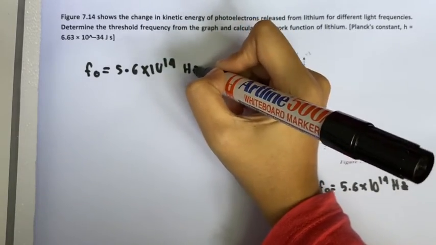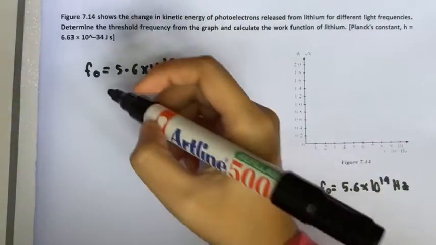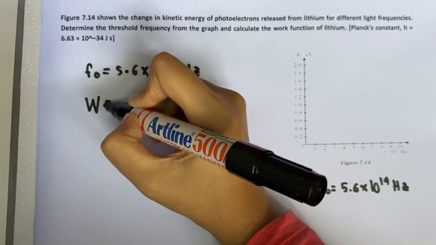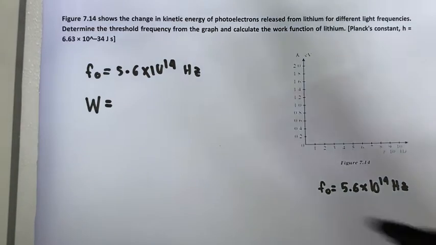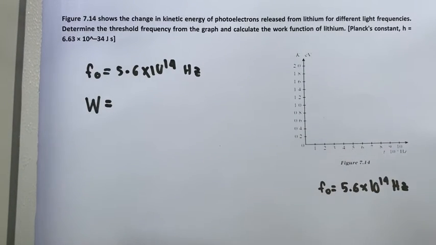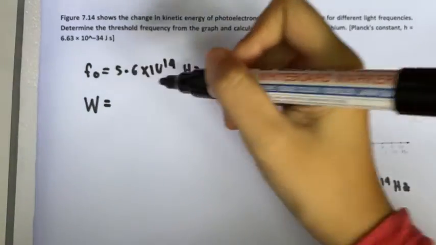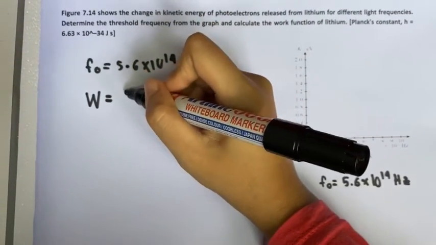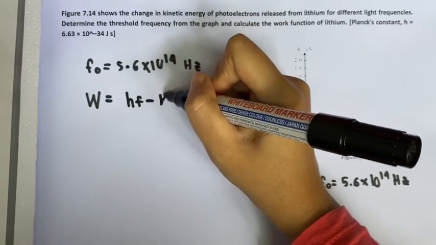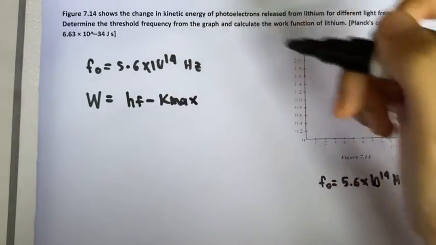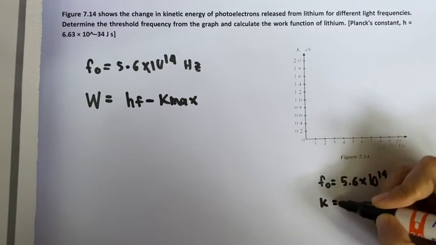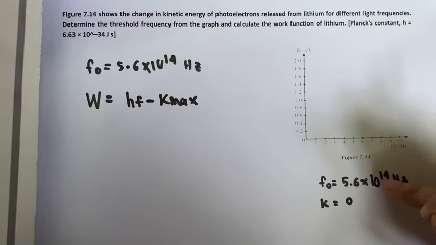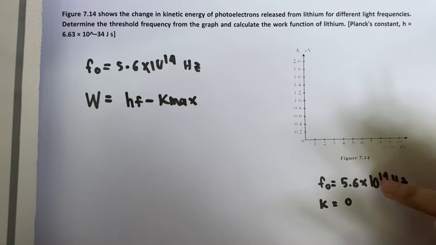And now we want to calculate the work function. What is the formula to find the work function? We state the original equation, which is work function equal to HF minus Kmax. Here we can see that K is equal to 0 when the frequency is at the threshold frequency, 5.6 times 10 power of 14.